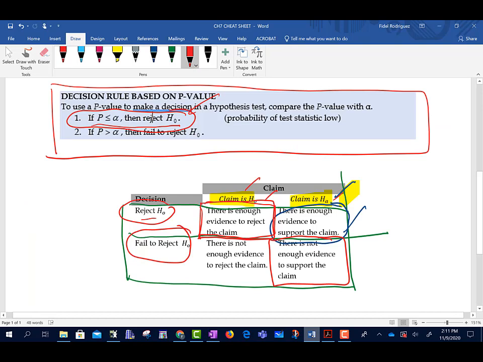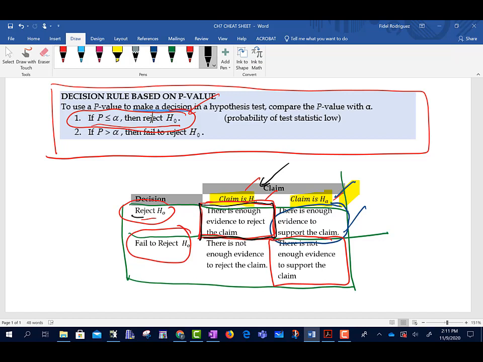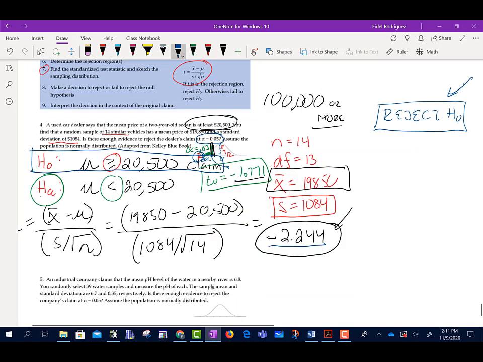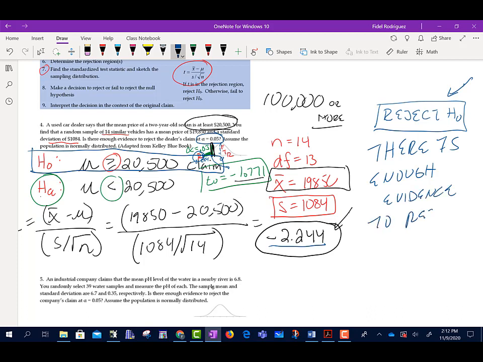If my claim is the null hypothesis and we rejected it, we're going to say there is enough evidence to reject the claim.